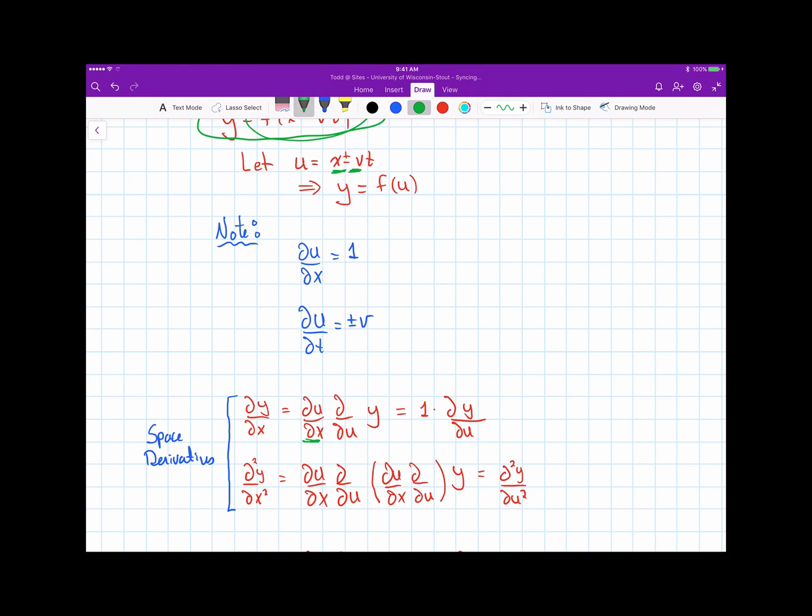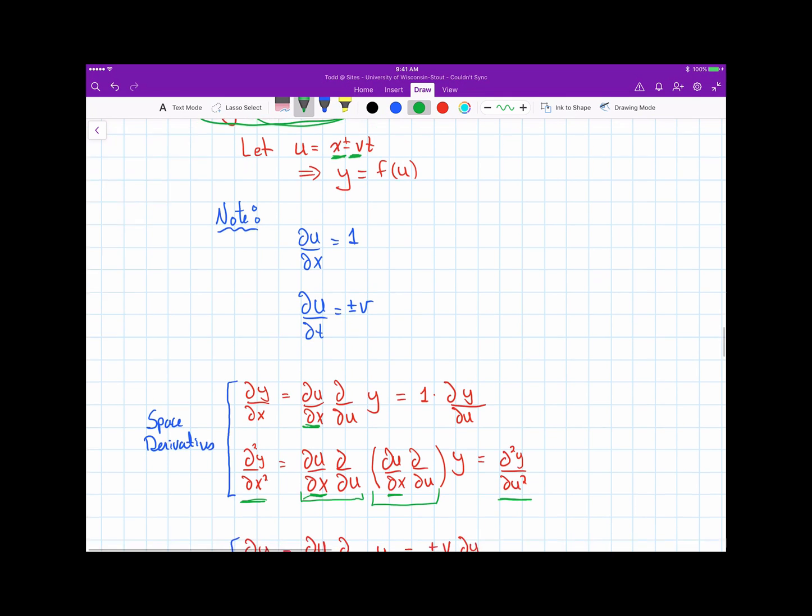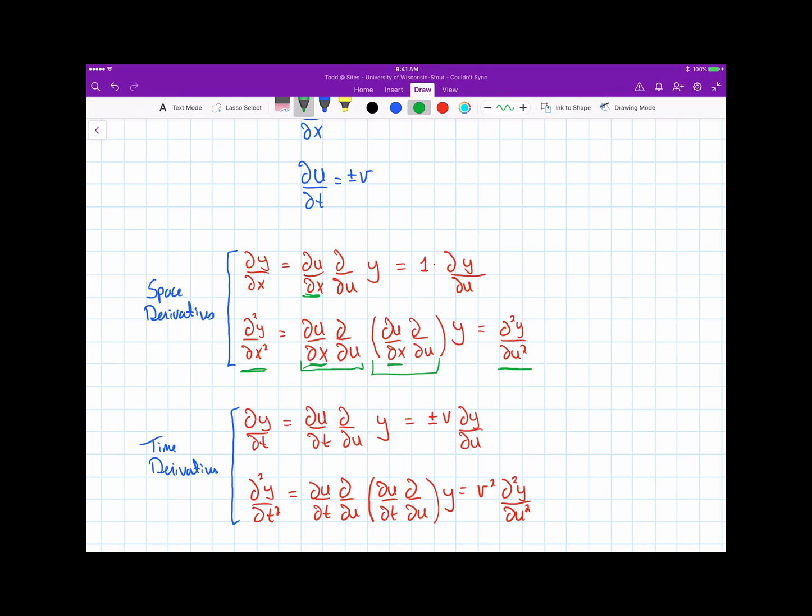Now we're actually looking for the second derivative, so we need to go ahead and do this twice. And so here we're taking one derivative, and then here's the second derivative. And again, notice that this term right here, du by dx, is 1. And so we have that d squared y dx squared is just the second derivative of y with respect to u.